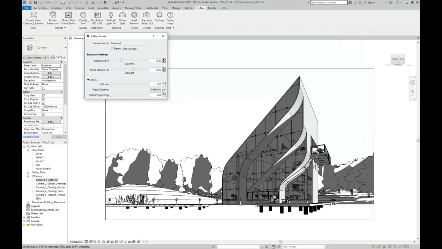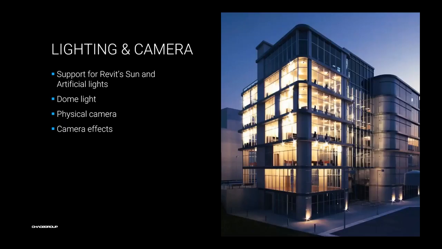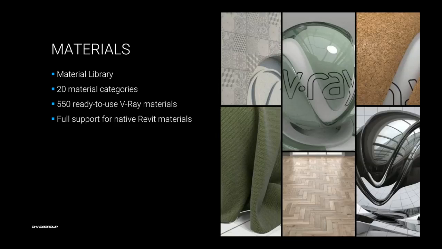So let's go back to the presentation. Materials. V-Ray for Revit installs along with a library of ready-to-use V-Ray materials. The V-Ray materials are optimized to work best with the V-Ray engine. The materials are organized in 20 categories suitable for the purposes of architectural visualization.